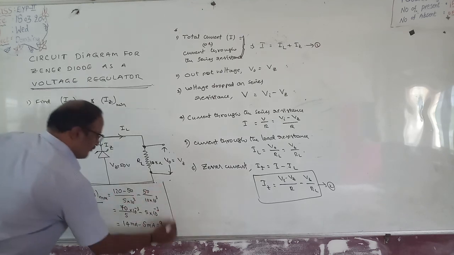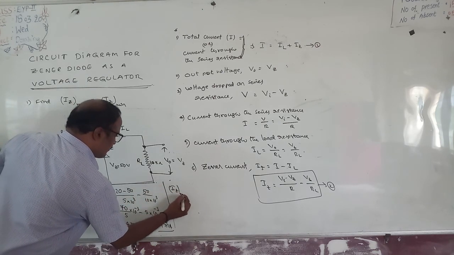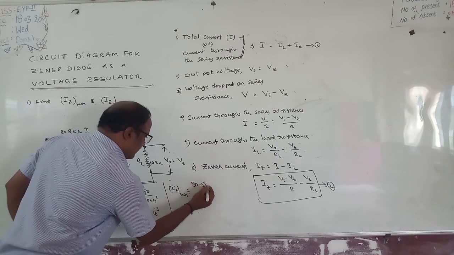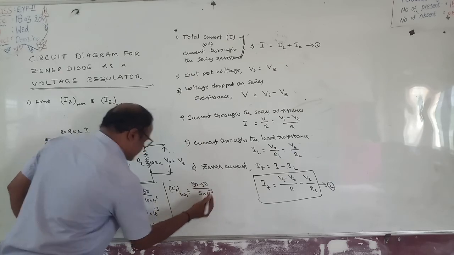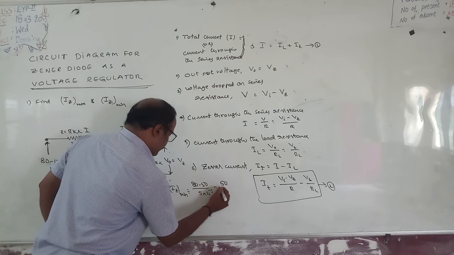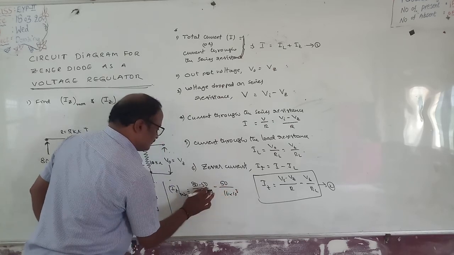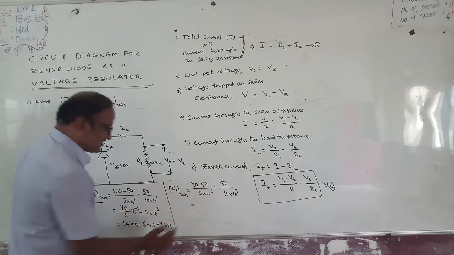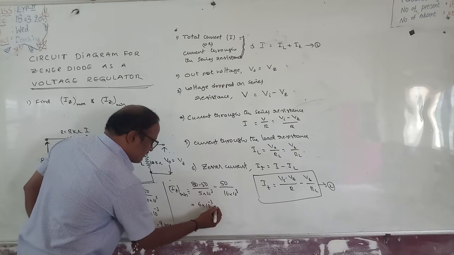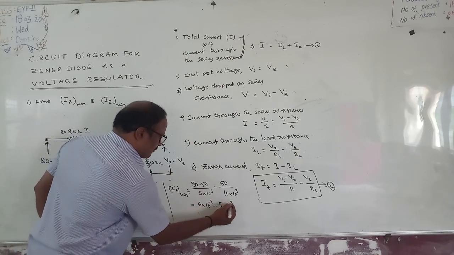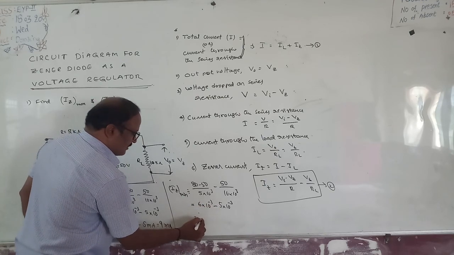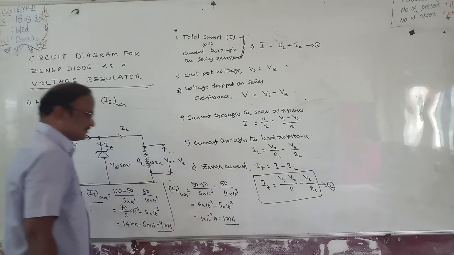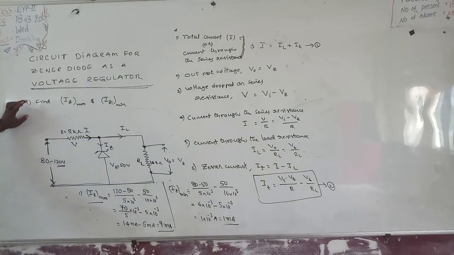So Iz minimum is equal to 80 minus 50 by 5 into 10 cube, minus 50 by 10 into 10 cube. 80 minus 50 means 30. 30 by 5 is 6, so 6 into 10 power minus 3, minus 5 into 10 power minus 3. 6 minus 5 is equal to 1. 1 into 10 power minus 3 amperes, or this is equal to 1 milliampere. Do you understand?